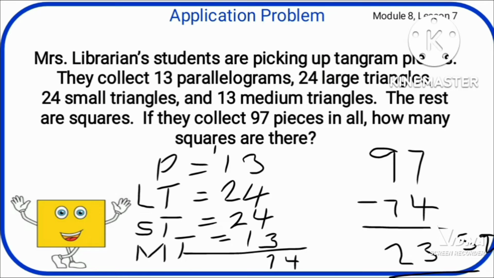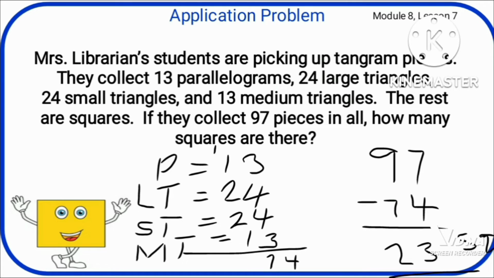Let us find out how many pieces altogether did they pick. They picked 13 parallelograms, 24 large triangles, 24 small triangles, and 13 medium triangles. Let's add all of that together. When you add all of that together, you have 74 shapes.